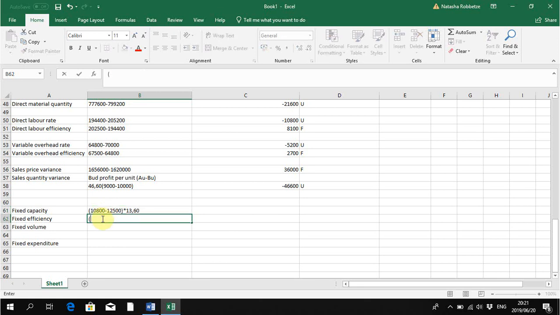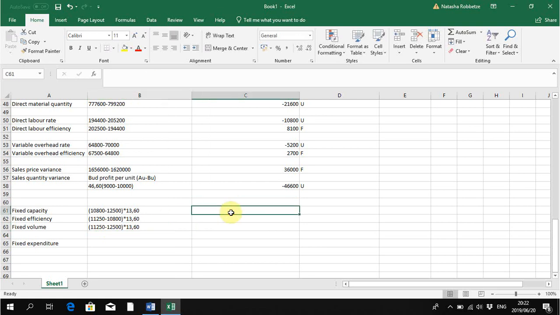For the efficiency, it is going to be the 11,250 hours minus the middle, which is 10,800 actual hours, and we times it by the rate of 13 Rand 60. These two added up together should give us the volume variance, or alternatively, there's a formula for the volume variance: taking the 11,250 minus the budgeted 12,500, times 13 Rand 60.